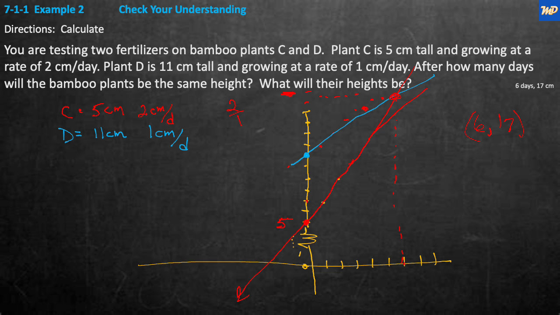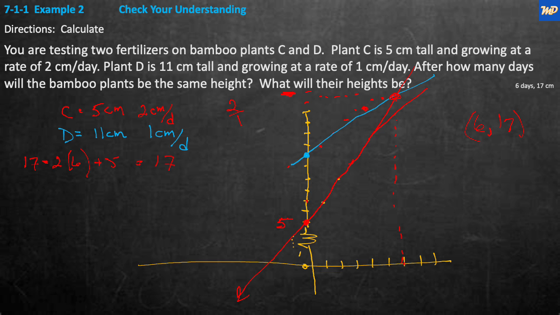Now, if you put in 6 comma 17 in both of these, what do you get? So let's try the red one. If I say 17 is equal to 2 times 6 plus 5, not 5 times 6, excuse me. This is 12, right? And 5 is 17.